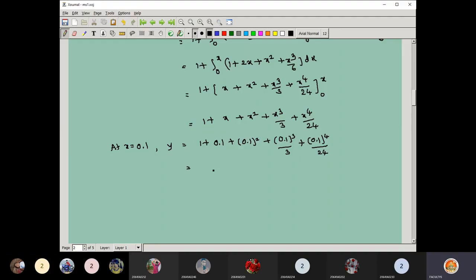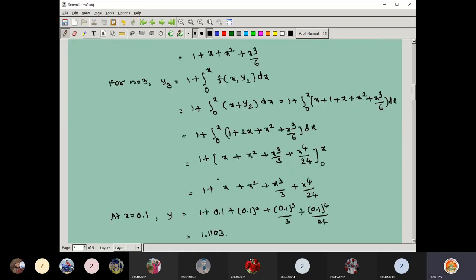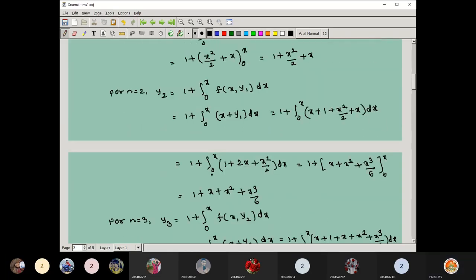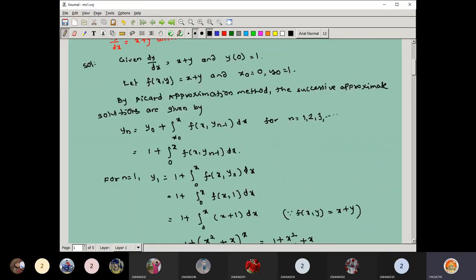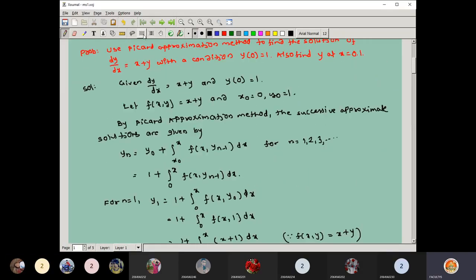So can you give us the answer for this? Approximately I am getting 1.1103. Is it correct? I am using Picard's approximation method in order to get your answer.